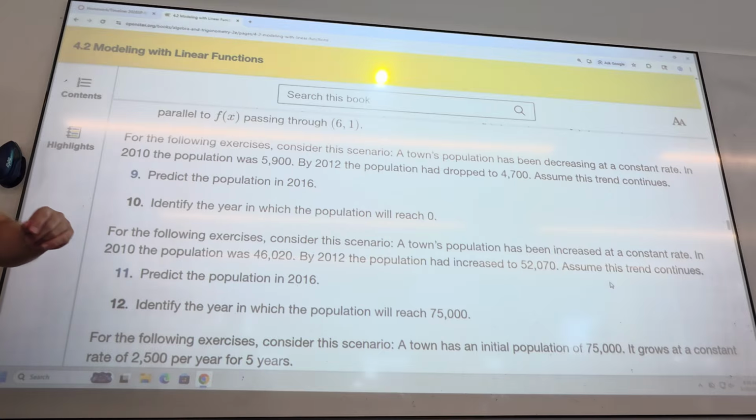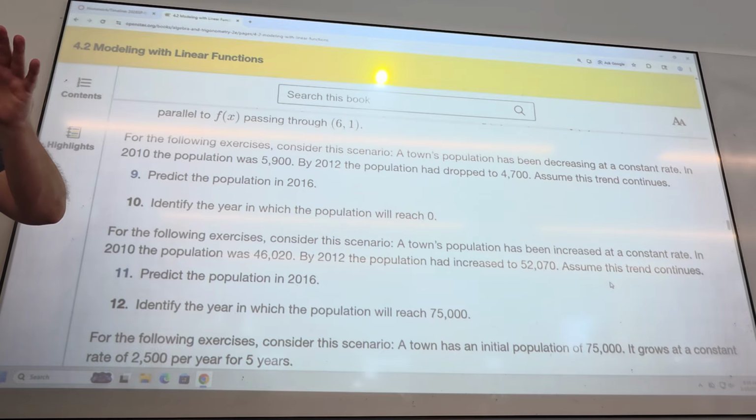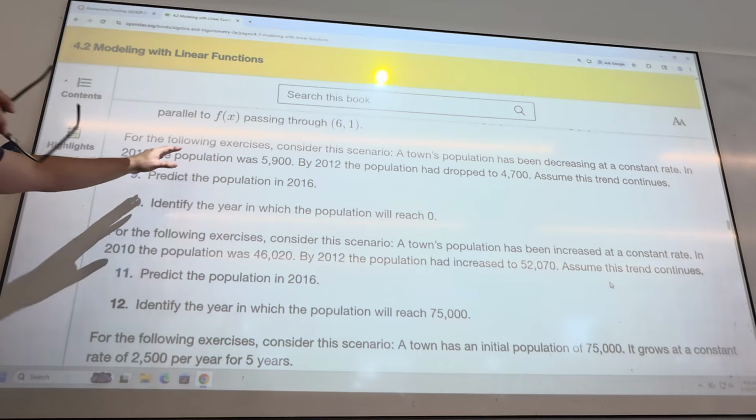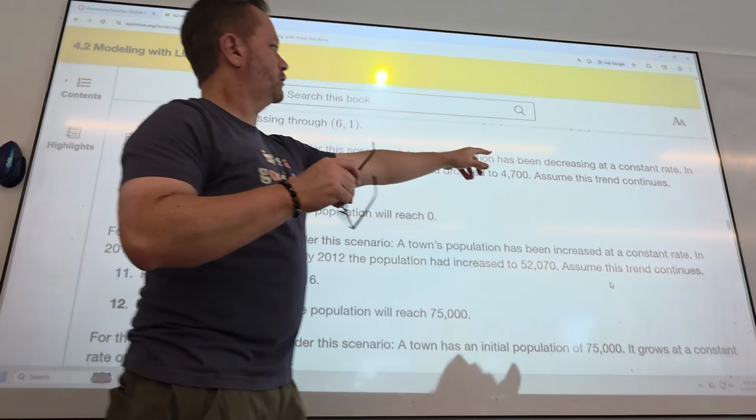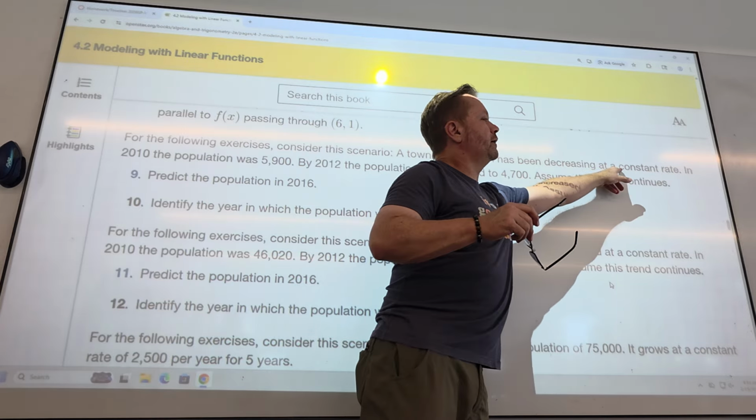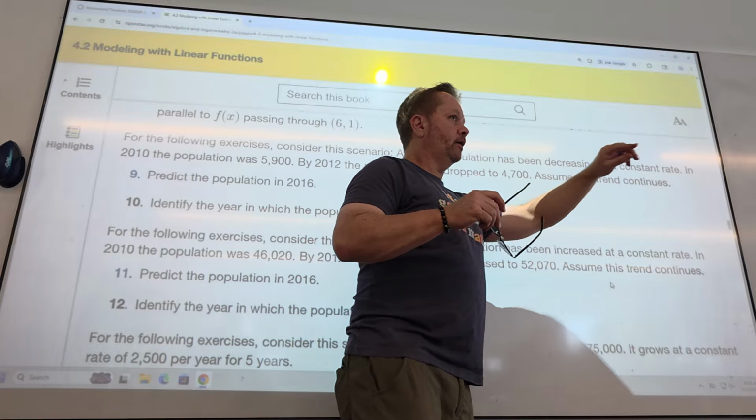Does anyone see 2 points? Maybe. Okay. So assume this trend continues. It's decreasing at a constant rate, which means it's linear.